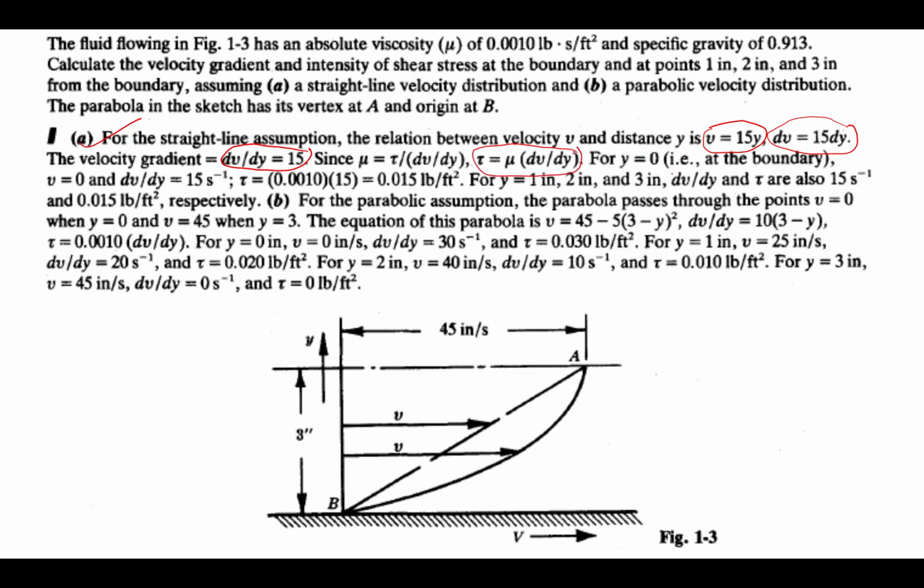At y equal to 0, that is at the boundary, velocity will be 0, and the gradient will be the same everywhere. So the expression is tau is equal to mu into your gradient. For y equal to 1 inch, 2 inch, 3 inch, your gradient is 15 per second, and your tau is 0.015 like that.